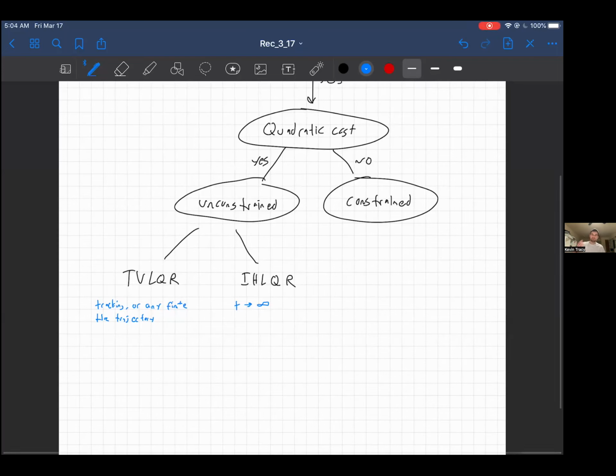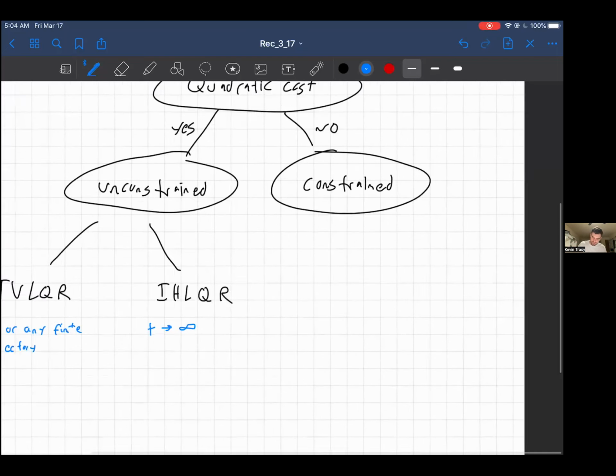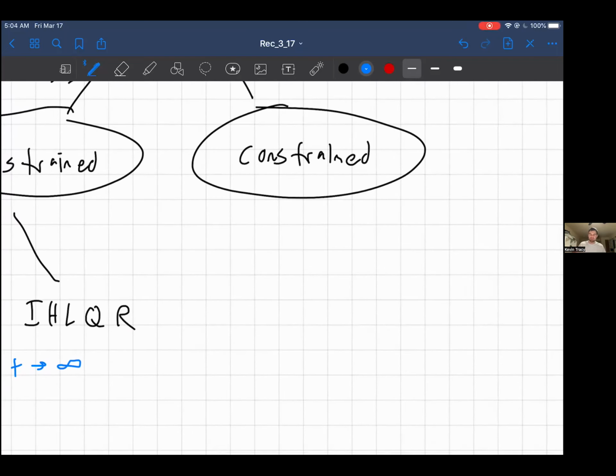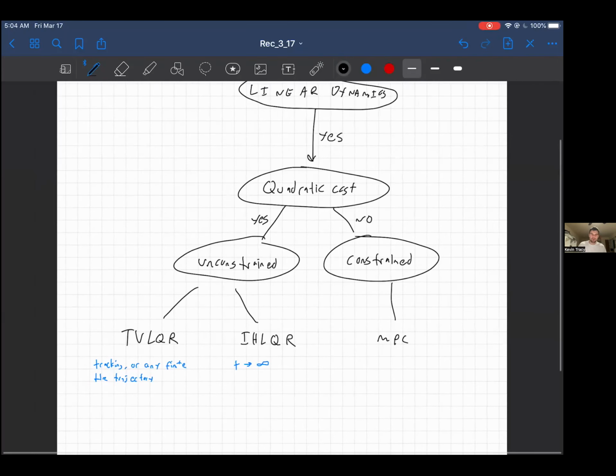So the next thing is, what happens if I have constraints? Now I'm in the MPC realm. So this leads me to MPC. The important thing here is that if I have anything that's non-quadratic cost, I have to use MPC. If I have constraints, I have to use MPC. So unless it magically has linear dynamics and quadratic cost, I can use LQR.